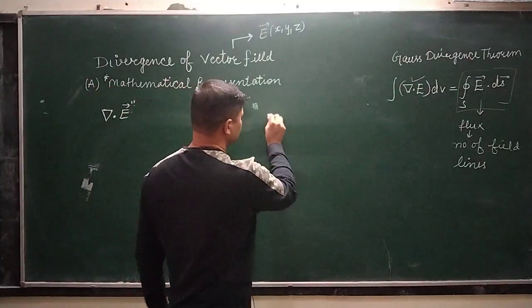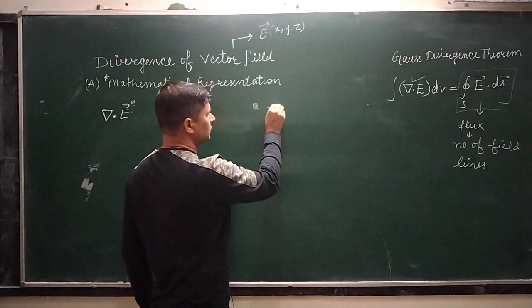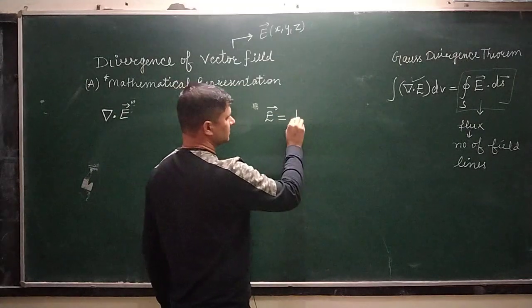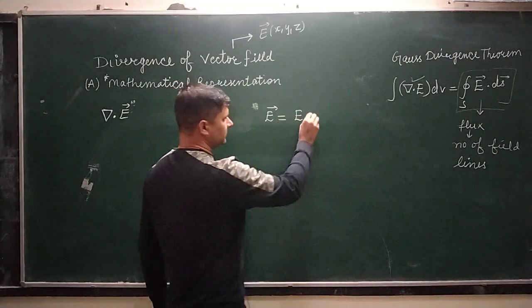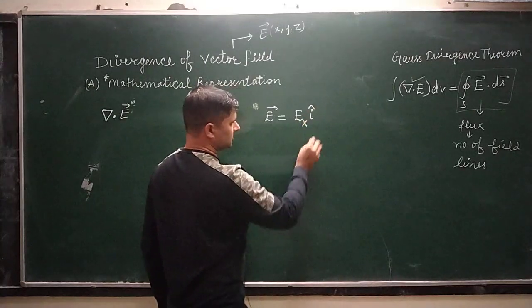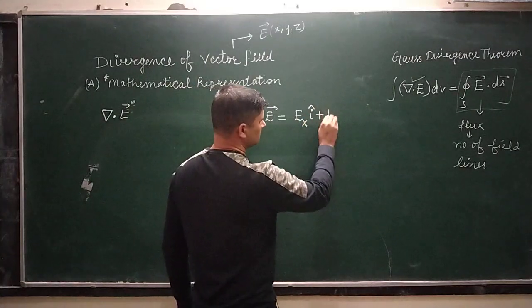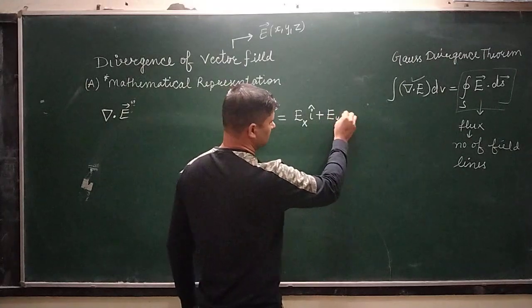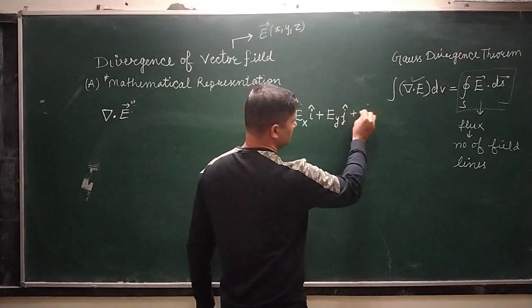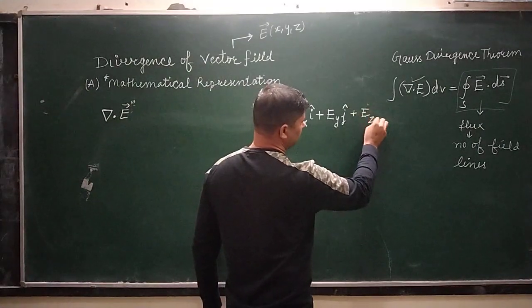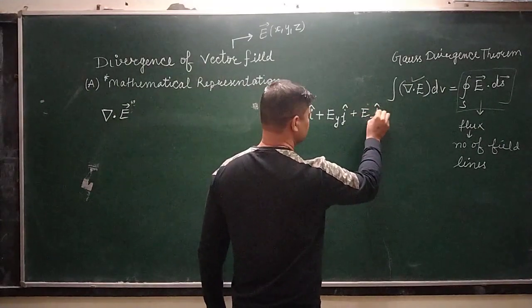Okay, so if you write electric field E in rectangular components, then you can write vector E as: this is the x component of electric field, then its direction, then its component along y direction, then component of electric field along z direction.